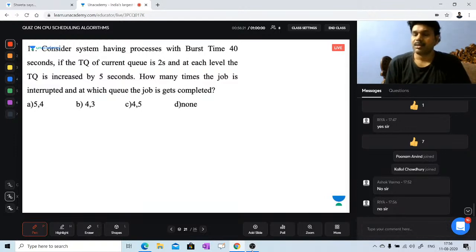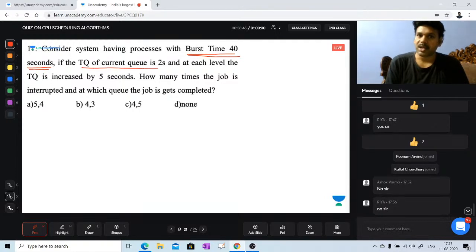Now you see, this question is based on a multi-level queue scheduling with feedback system. It's a very good question. Please all of you look at the question properly. A process requires 40 burst time units.